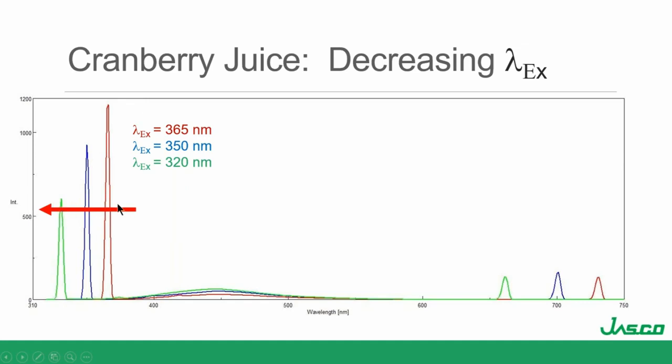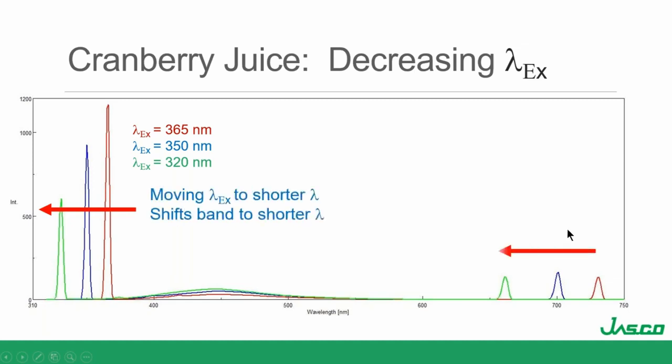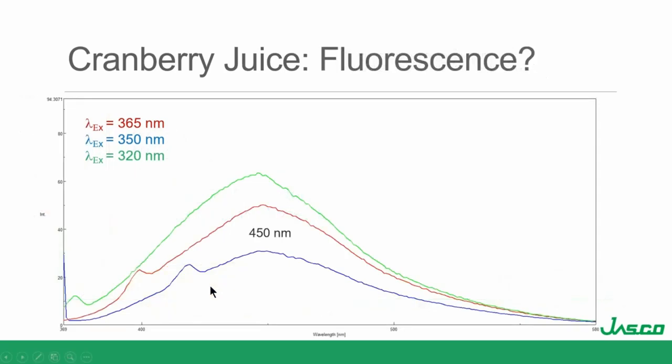Rayleigh scatter shifts with that. So does the second order Rayleigh. And we can see this band, well, maybe we need to look a little closer at that one. Let's zoom in. In this case, we notice right away that this large band doesn't shift at all.